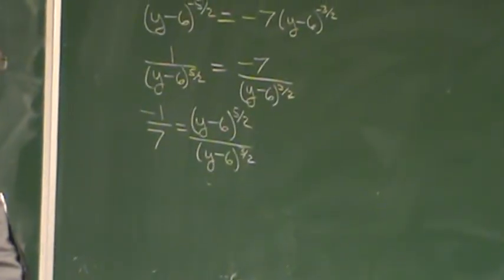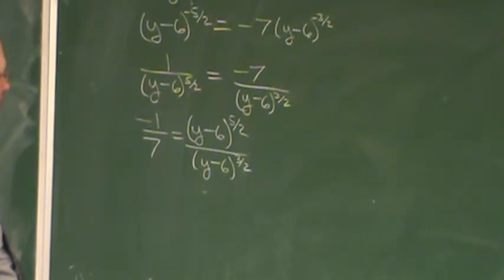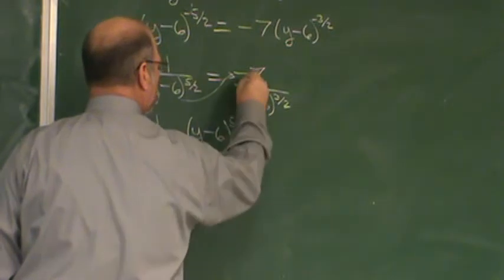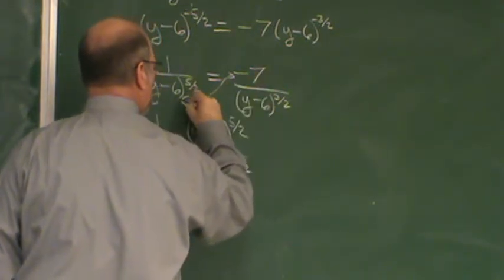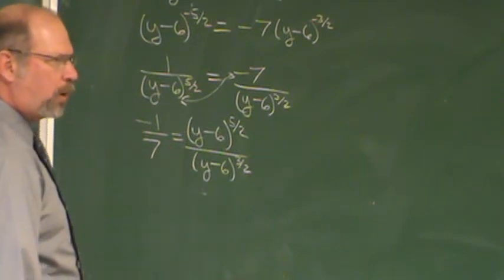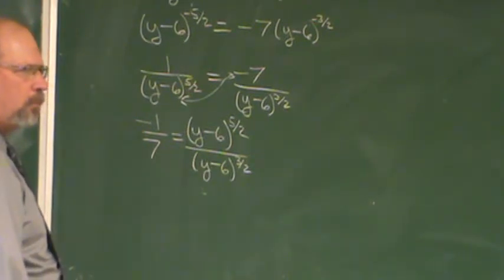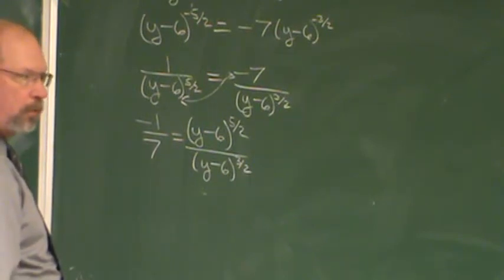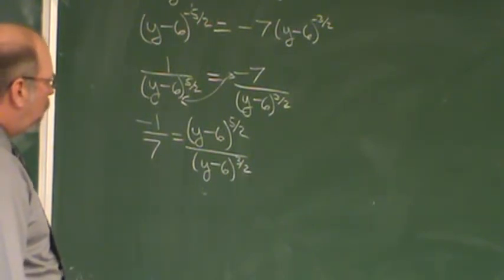Where did you do exactly? I brought this up here, brought the negative 7 down there. Just chose to write the negative on the top instead of the bottom. Go with me?